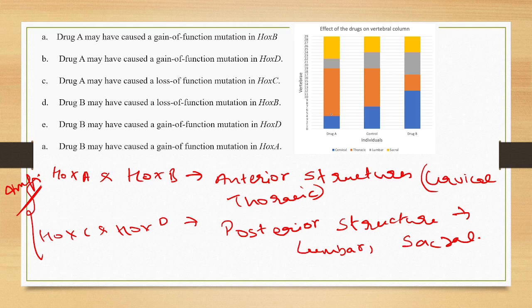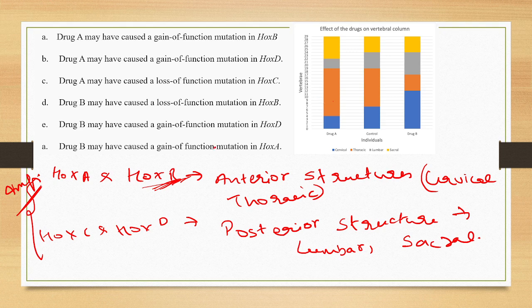So, is it true or false? It is true. Why it is true? See, HOX-B is responsible for the anterior structure formation, which is cervical and thorax. You can see that there is more thorax as compared to control. That means it might be a possibility that a gain of function mutation has been there in HOX-B, and because of that, the thoracic region has increased. So this looks like a correct answer to me.